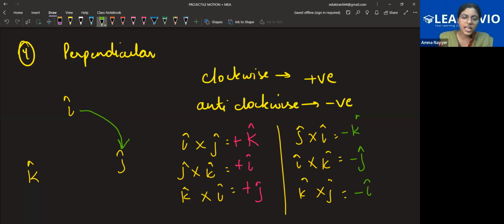If it is J cap cross K cap or K cap cross J cap, which vector is now left? I cap. So it will be I cap in any case. Likewise, when we are going from K cap to I cap or I cap to K cap, which vector is left after these two get involved? It's the J cap.